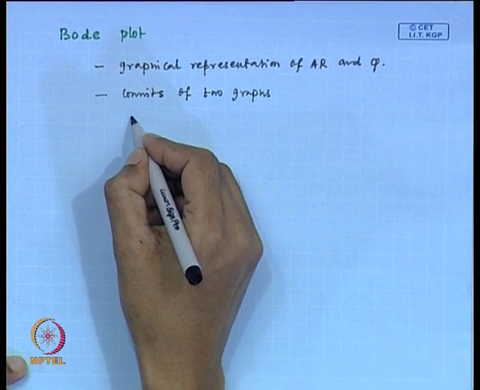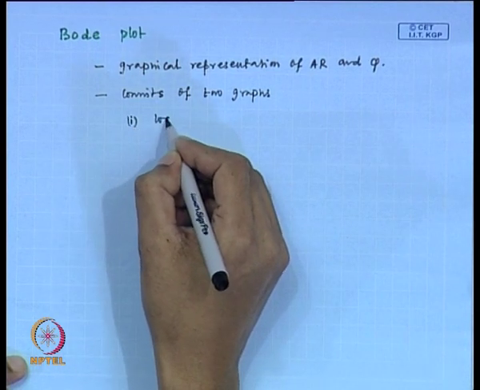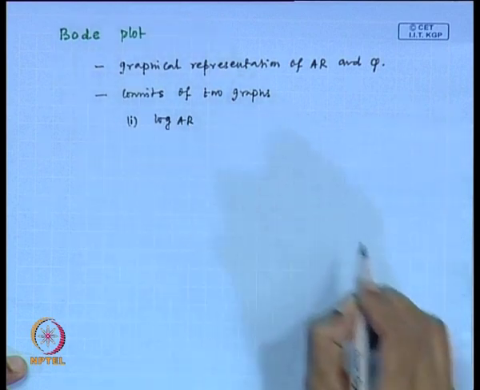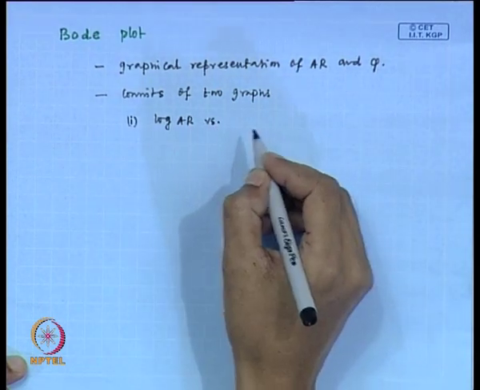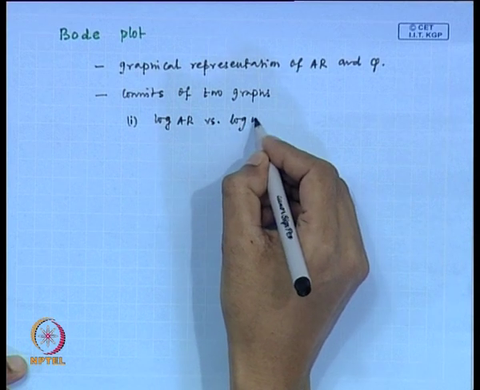In one graph, log amplitude ratio is plotted against log omega.